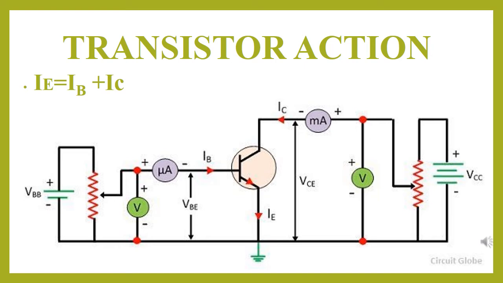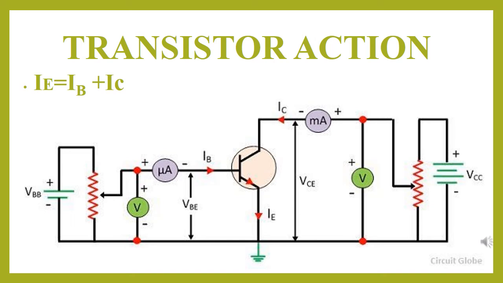The battery gives a potential difference which is VBB. The current going through the base into the transistor is IB. The current coming outward from the emitter is IE, and the current going into the collector is IC. Now apply Kirchhoff's law: IE equals IB plus IC.